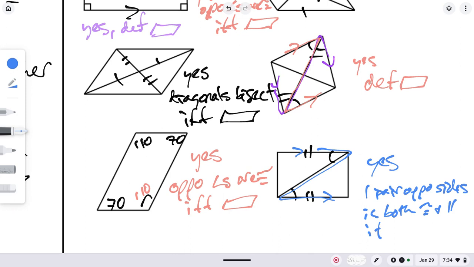Sorry, keep messing that up a little bit. Let me fix that real quick. I should have just said then it is, not if it is. It's a parallelogram. So anyway, those are your notes for section 2. We'll work on the worksheet in class.